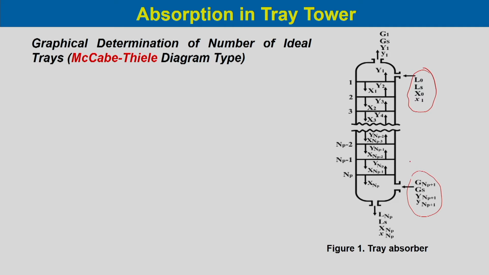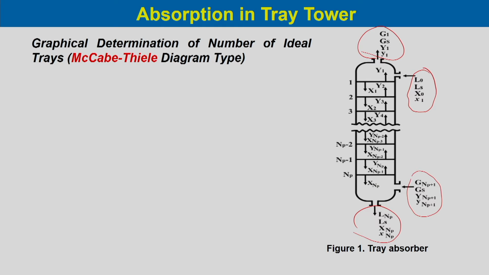The gas flow rate and liquid flow rate of the inlet liquid and gas are mentioned over here. And we have an outlet liquid at the bottom and outlet gas at the top, with both flow rates and compositions mentioned. Trays are numbered from the top of the column 1, 2, 3 up to NP.